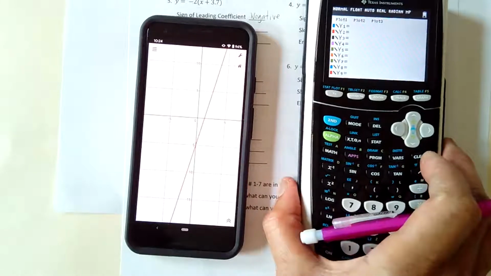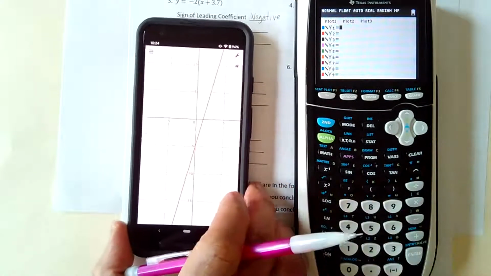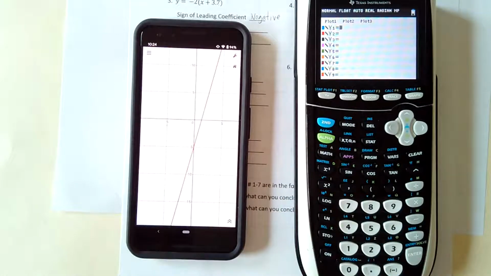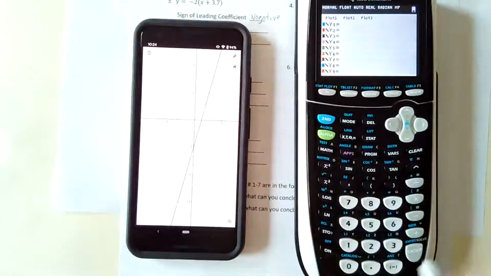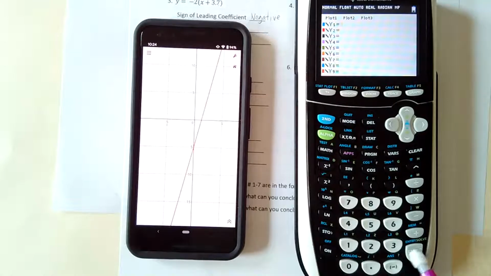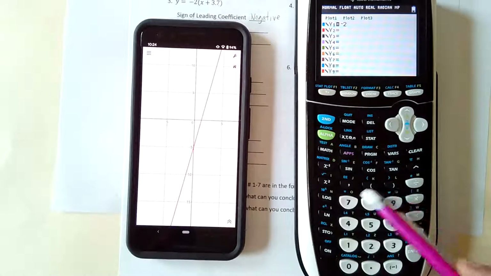Negative. Be careful when you're using negative. It's not a subtract sign here. The sign in front is the negative button, the one in the bracket at the lower end of your calculator, just to the left of the enter key. So we press that first to get our negative 2, and this is your bracket here, to the left of the division sign.